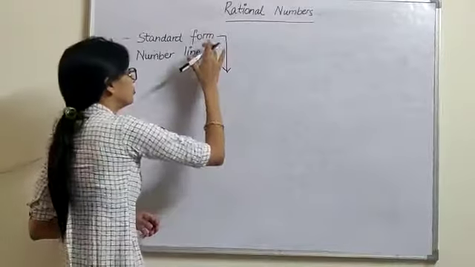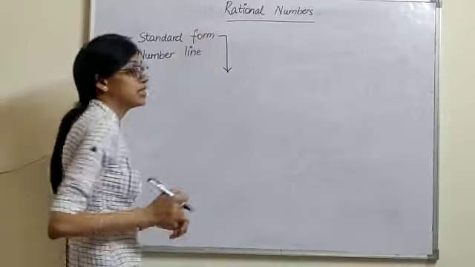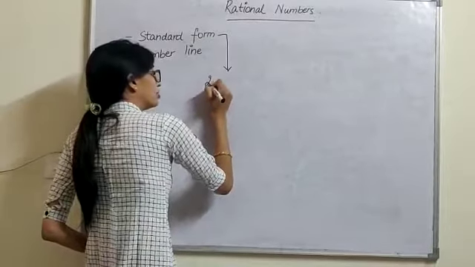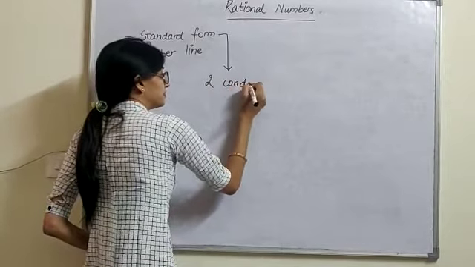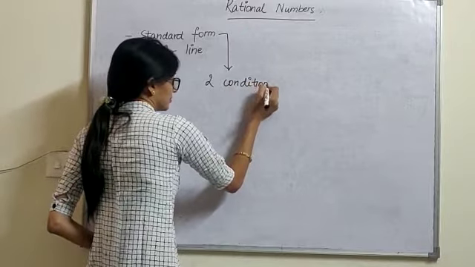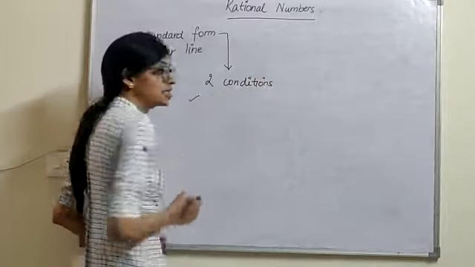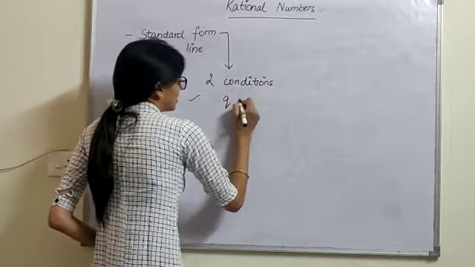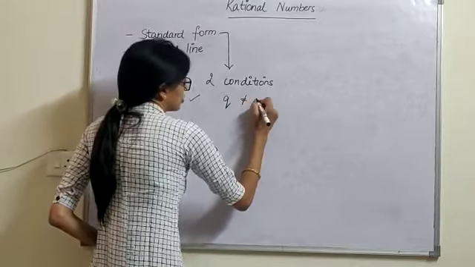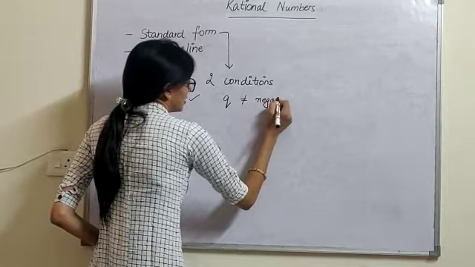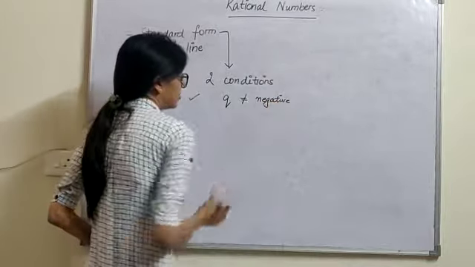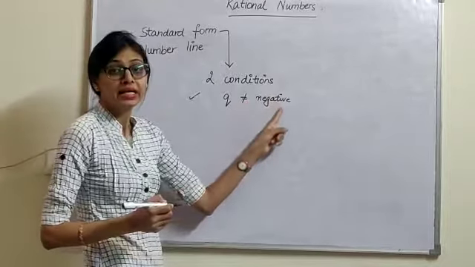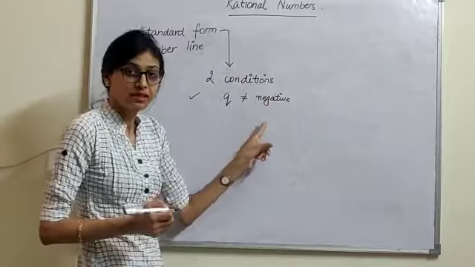Whenever you have to place the numbers in standard form, you have to take care of two conditions. The first condition is that the denominator should not be negative. The denominator should not be negative, it should be positive.